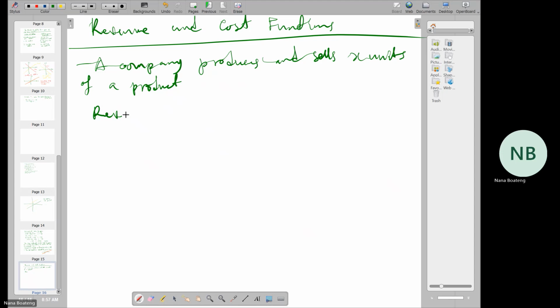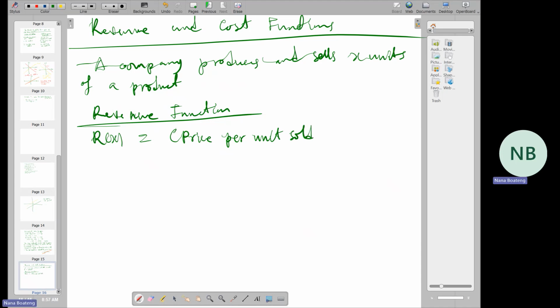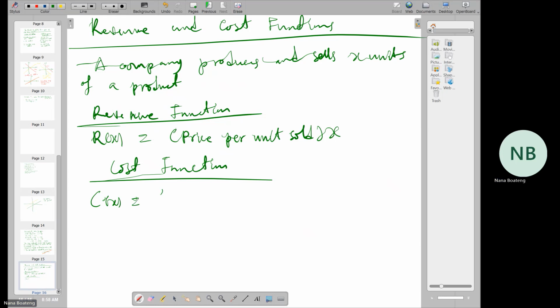The revenue function R(x) is equal to the price per unit sold times X, and the cost function is given by C(x) is equal to the fixed cost plus the cost per unit sold times X.